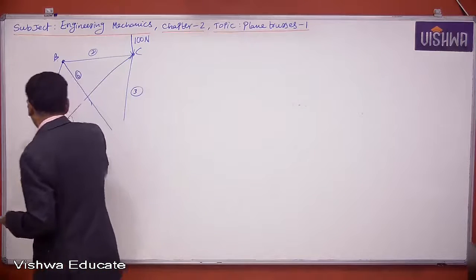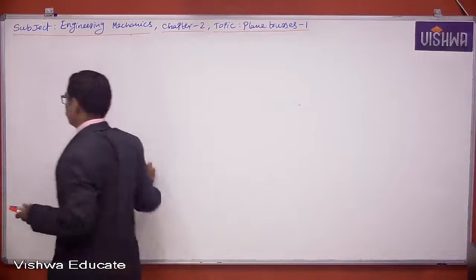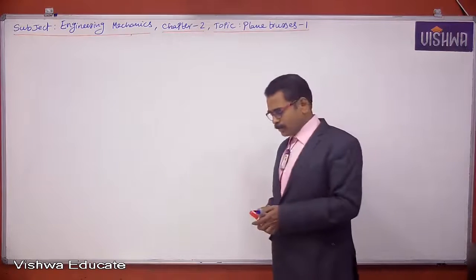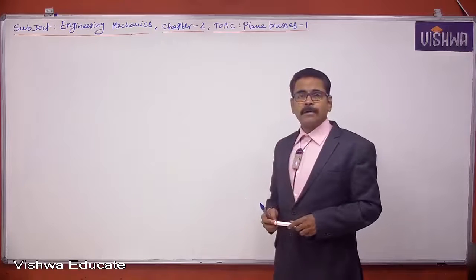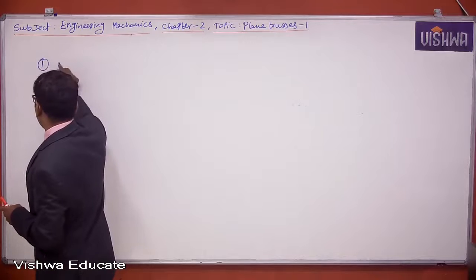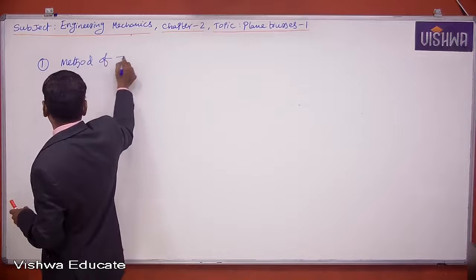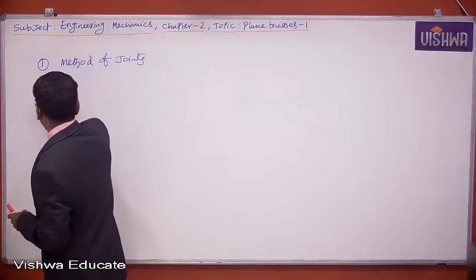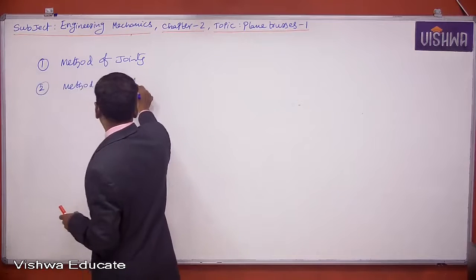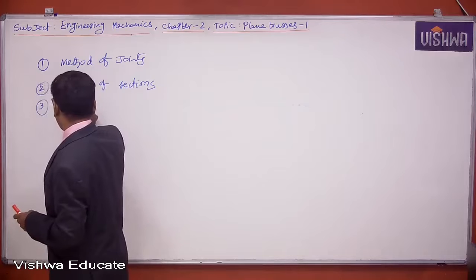Now, to perform analysis of plain truss, we can use 3 different methods. You may first write analysis of plain truss. The first is method of joints, second is method of sections, and third is graphical methods.